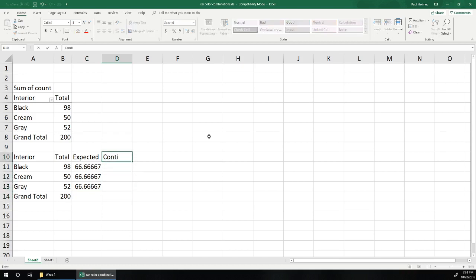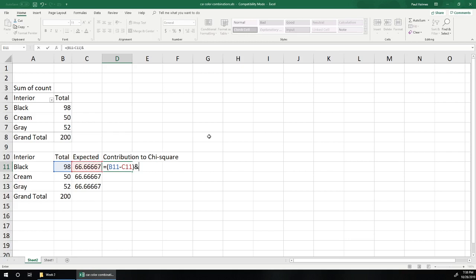We can calculate a contribution to chi-square from each of these. And it's going to be equal to the difference between what we actually got and what we would have expected.